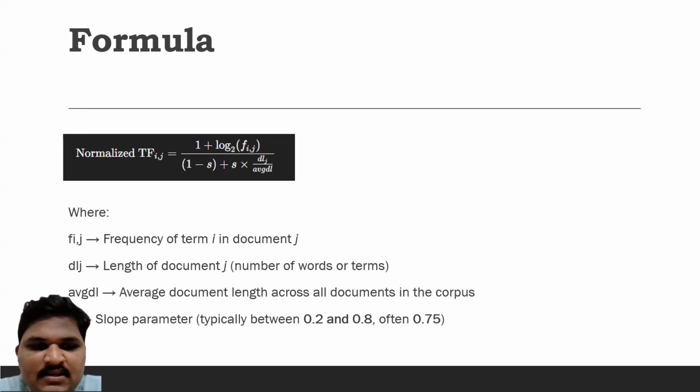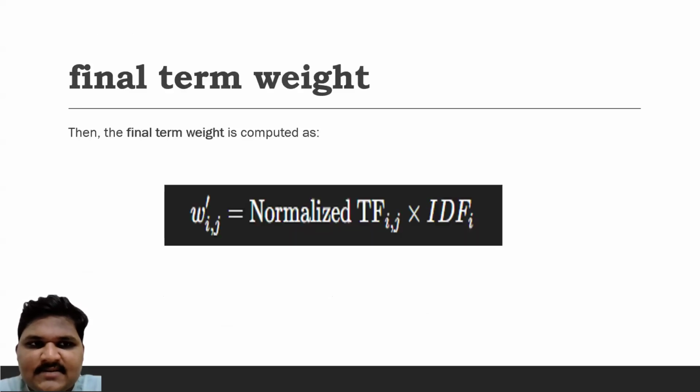Average DL means average document length across all documents in the corpus. S means the slope parameter, typically between 0.2 and 0.8, and we usually take it as 0.75 in most cases. So the final term weight will be the normalized term frequency Fij multiplied by IDF of term i.